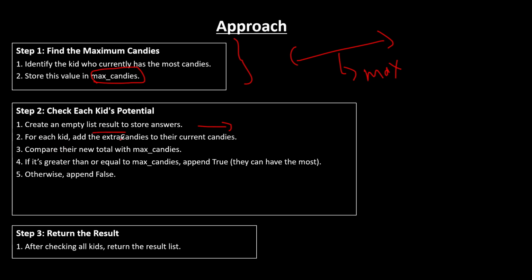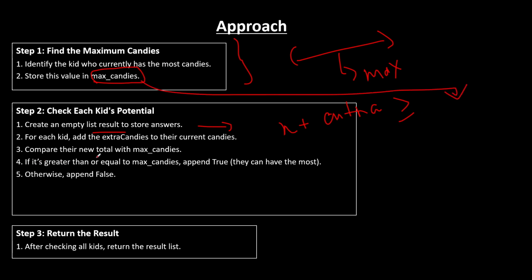For each kid, what are we going to do? Since we are traversing the array, for each kid, we will take the candies of that kid plus extra candy, and we will check if it is equal to or greater than the max candy.